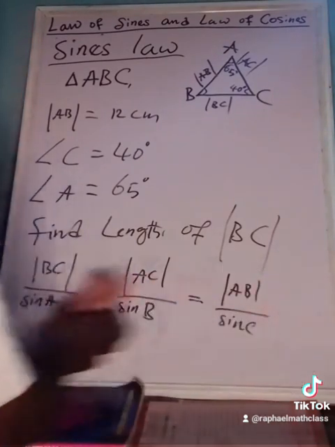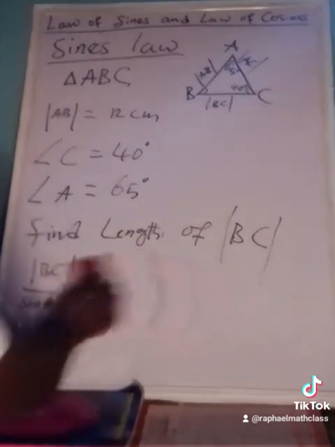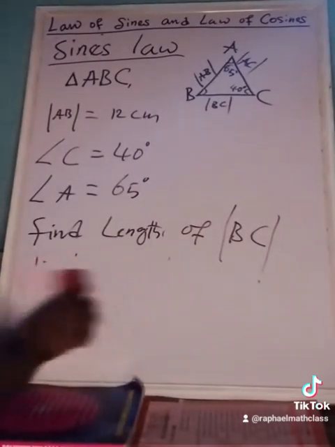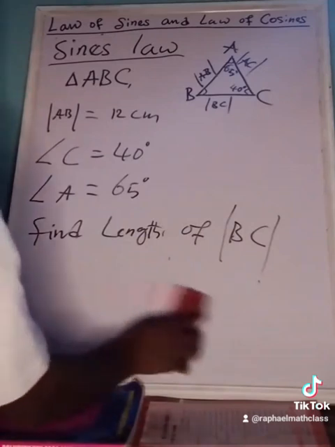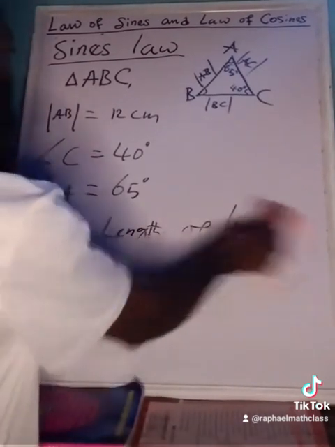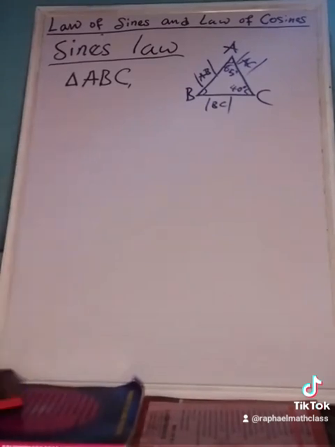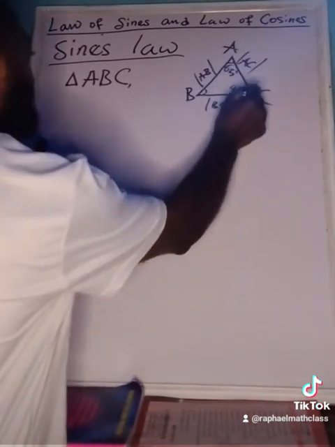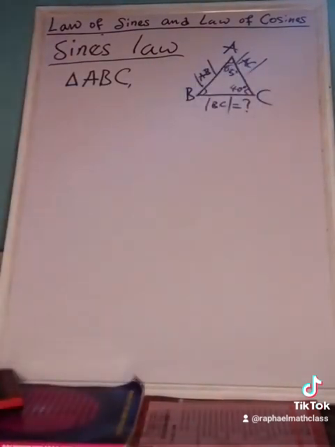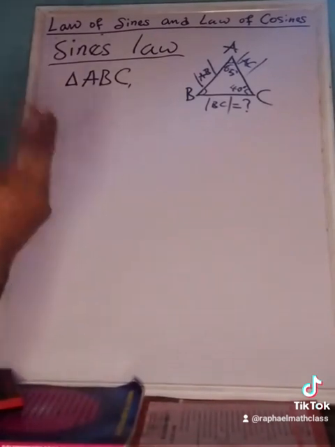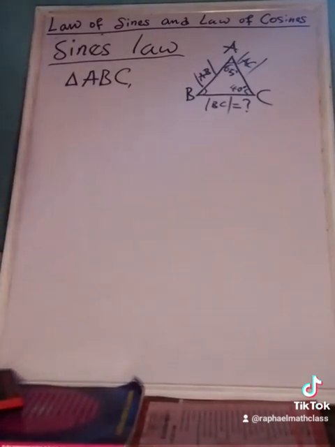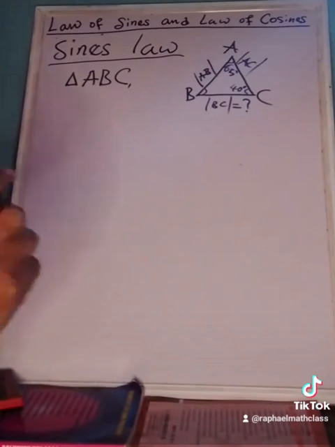All right, you have seen the sine formula. So what they are telling us is we should find the length of BC. So BC now is yet to be known. You understand? So what we are going to do is use an angle and its opposite side, and another angle and the side that has not been given.